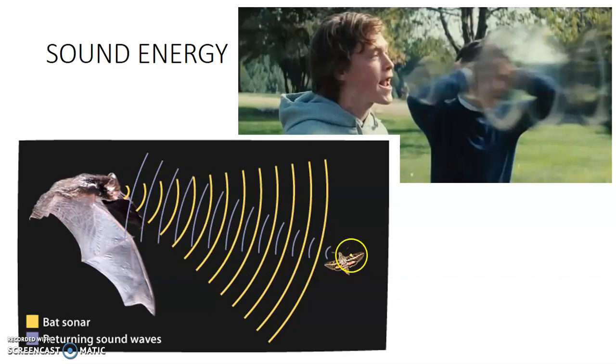When they find an object, in this case their prey, the sound bounces off the object or animal and returns the sound waves, which are perceived by the bats with their ears, so they can easily identify if there is any object, food, animal, or obstacle in their way, because as you know, bats also move in the middle of the night. So this is a little representation of how sound energy works and travels carried by waves.